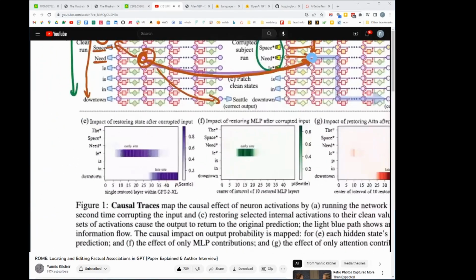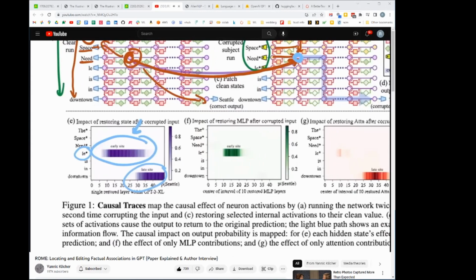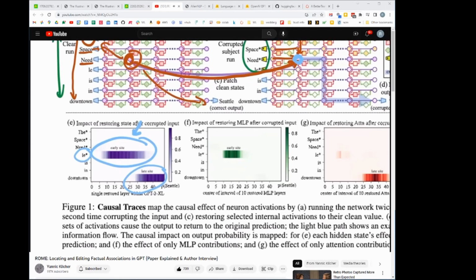And as you can see in the results, you get these two clusters. You get what they call an early site, which usually happens after the subject is done, and a late site, which usually happens right before you need to predict. So what's surprising, at least to me, is that these early sites exist, which indicates that the model is aware of what it could say with respect to the Space Needle much earlier than you would think, right?